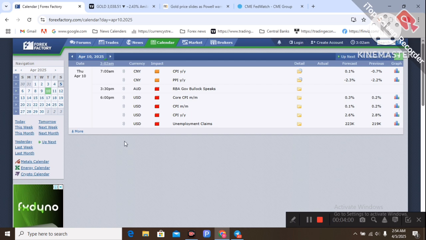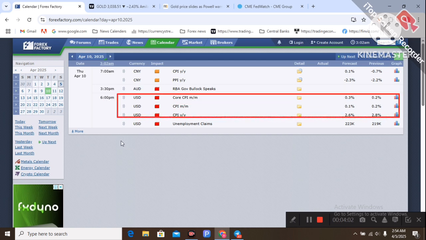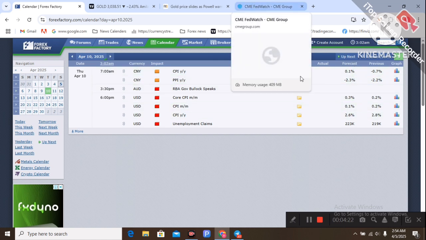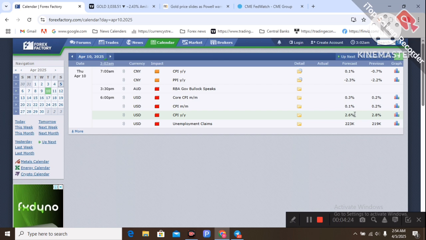On the 10th of April, the US yearly inflation report is due. That's the most volatile and most valuable economic event. 2.8% is the previous yearly CPI report. The forecast is for it to drop to 2.6%. The Fed's inflation target is 2%. So inflation is expected to drop next week.